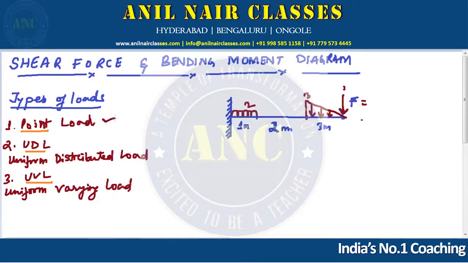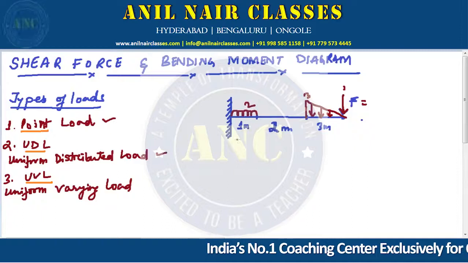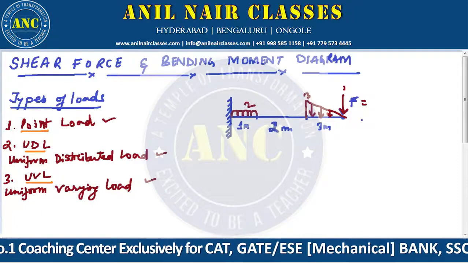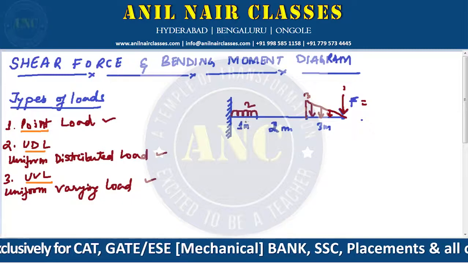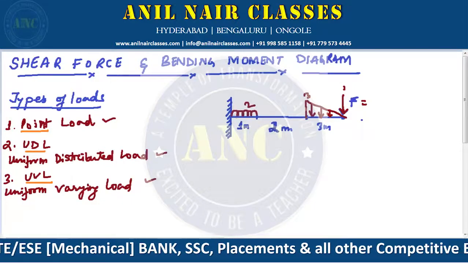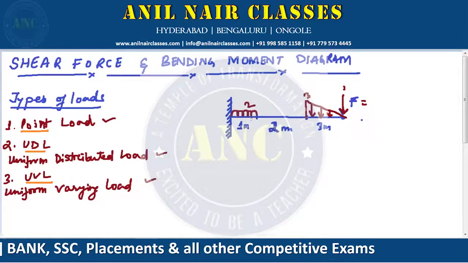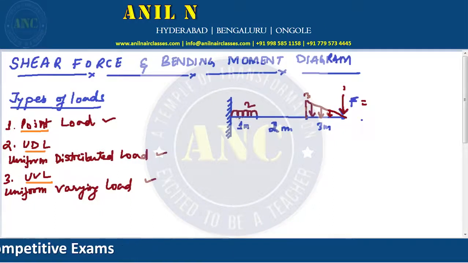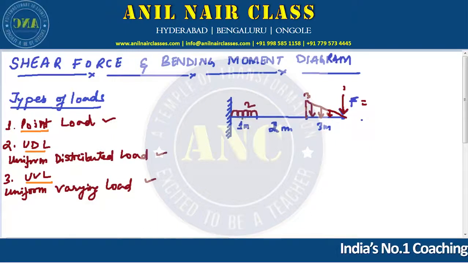So 1 is a point load, 2 is a uniformly distributed load, 3 is a uniformly varying load. Uniformly distributed means throughout the length of 1 meter the load is the same. It is acting at every point. If you go to 0.1 meter, 0.2 meter, 0.3 meter, over this you will find the load is the same.